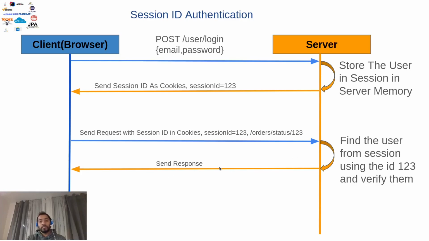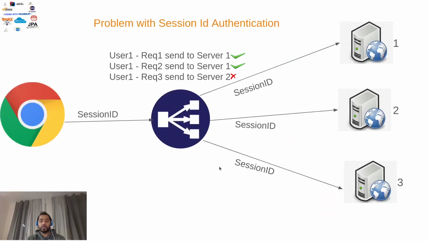Now let's see the problem with this authentication process. Let's see this diagram. Let's say in your production environment architecture, you are using 3 servers, and there is a load balancer, which will forward the request to any one of these servers, because in production you have huge traffic.